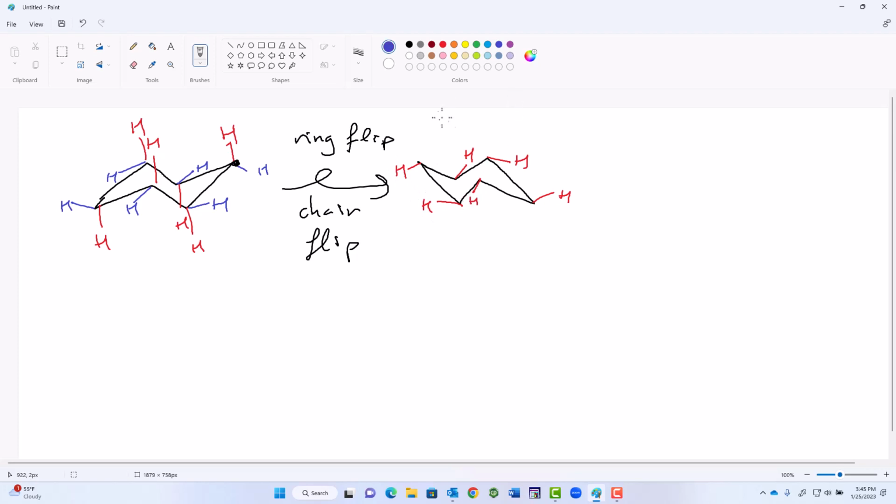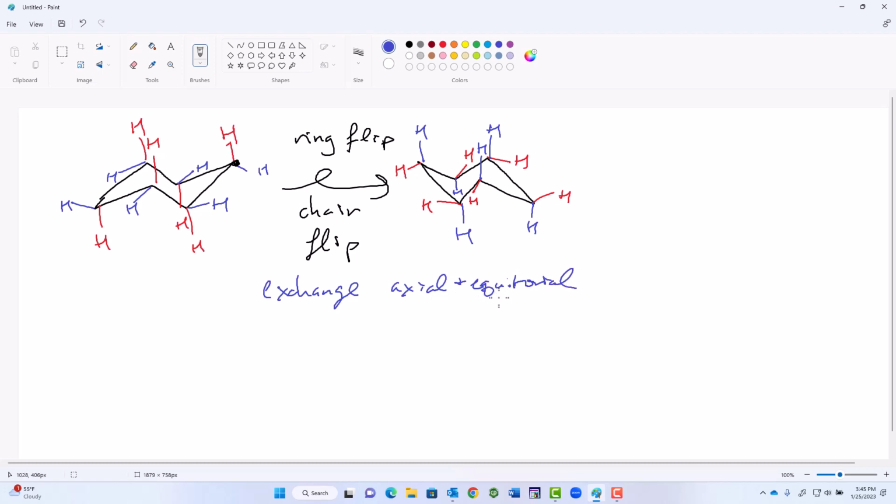So those red ones have become equatorial, and the original equatorial hydrogens, the blue ones, are now going to be axial. And this is characteristic of a ring flip. We see that exchange, so you exchange axial and equatorial.